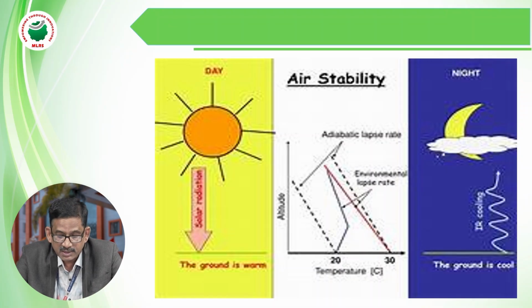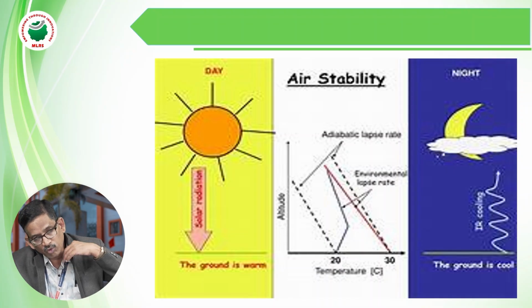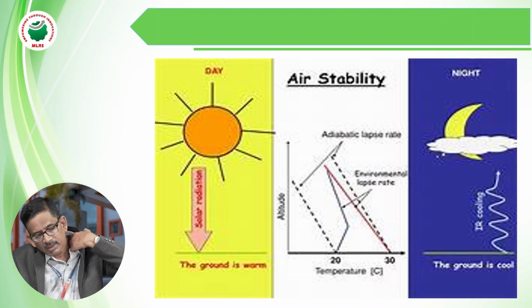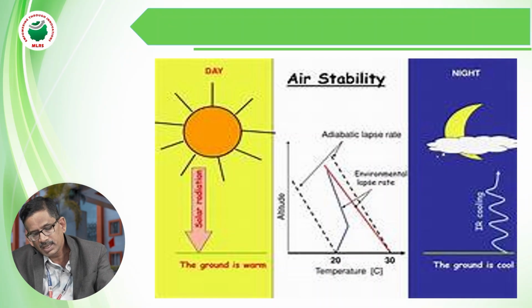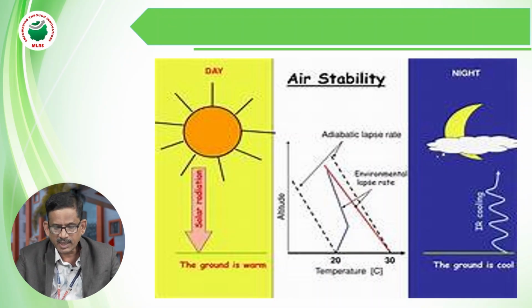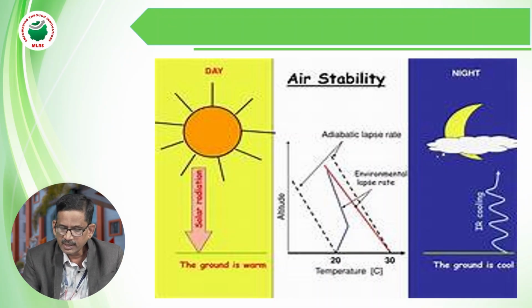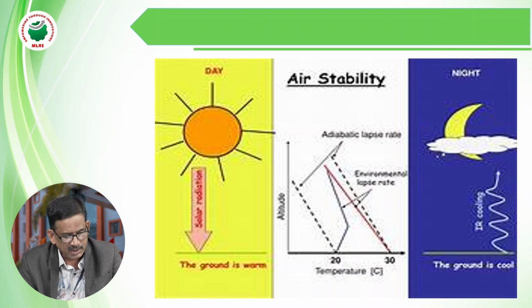Here we can see that in the day it will grow, at night it will not grow. Because of the movement, the air particles move very fast in the day, very little at night. This is clearly indicated in this logical diagram.